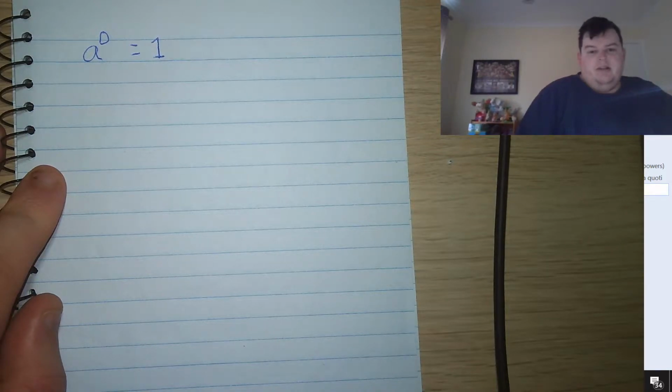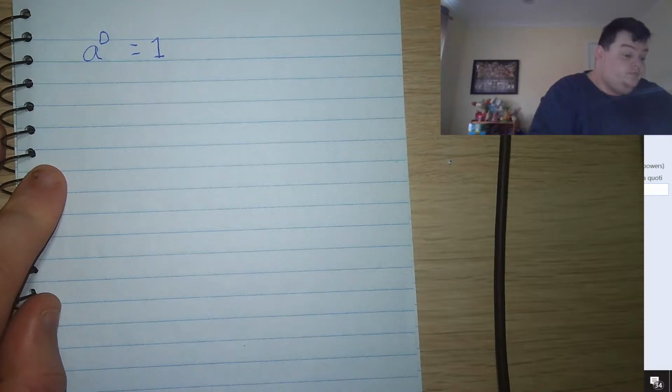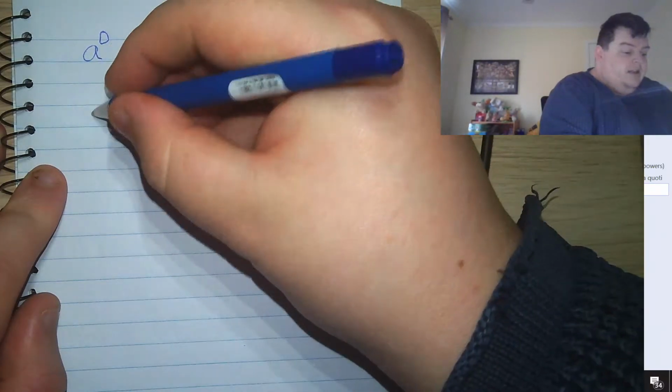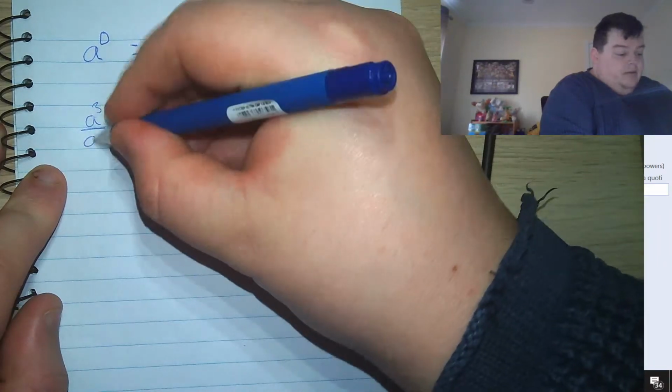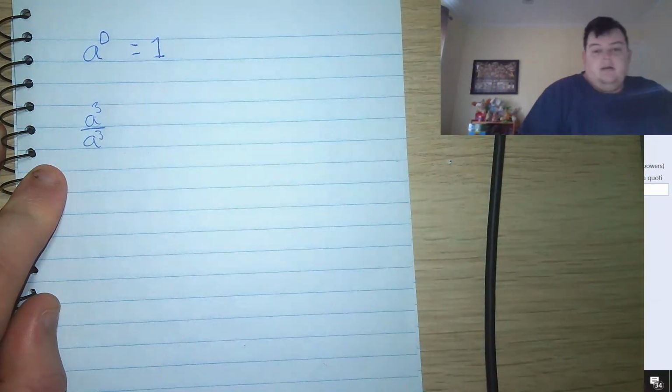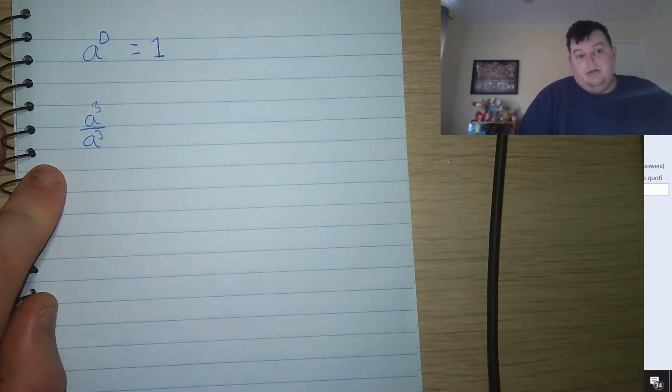I know that might sound a little bit strange, but for example, if you had a to the power of 3 divided by a to the power of 3, the same way that you would do if you were dividing, say, 2 by 2, it would equal 1.